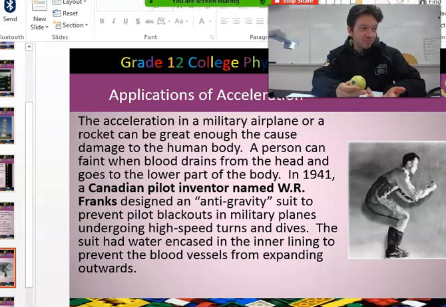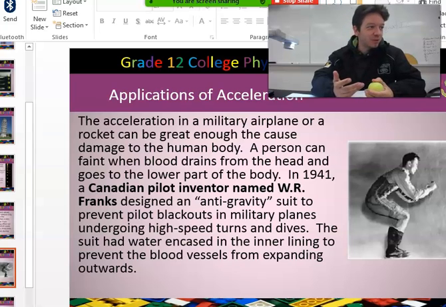But of course, pilots, especially pilots of military jets, depending on what kind of maneuvers they're doing, could actually be doing a maneuver that's causing an acceleration much, much greater than 9.8 meters per second squared. Right? When that happens, we call it g-force.